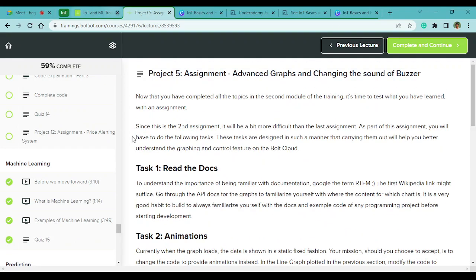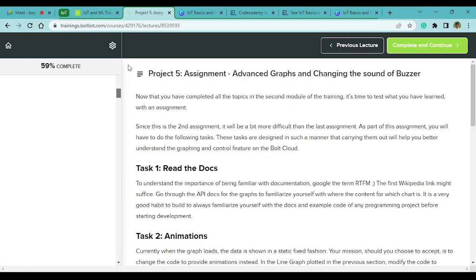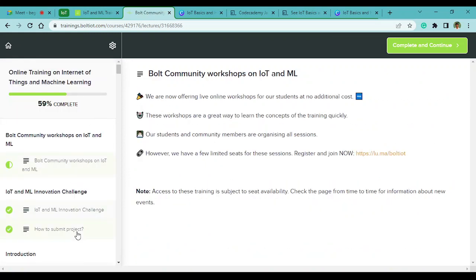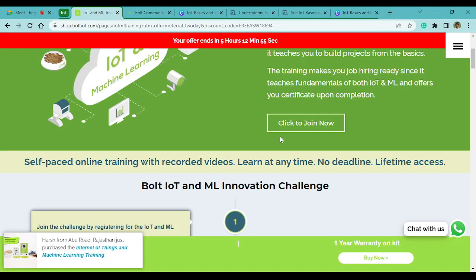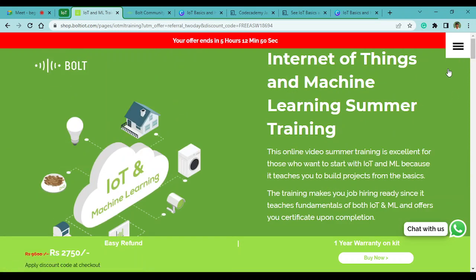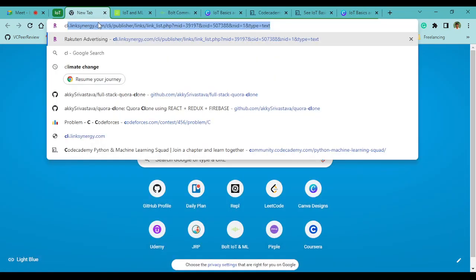And I think they also have a community, just like I told. There's a separate forum like Reddit that they have created for this Bolt platform, and they also give you free access to their cloud platform, cloud.boltiot.com. You can configure all of your projects in one place.